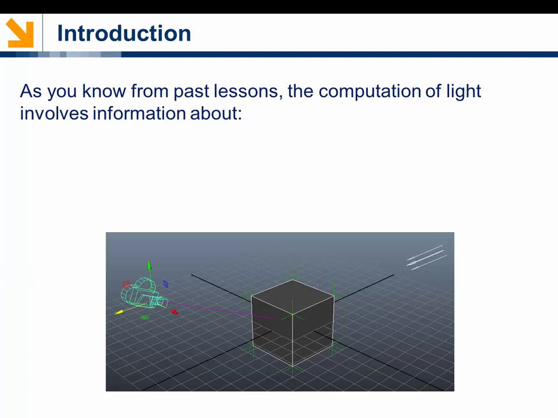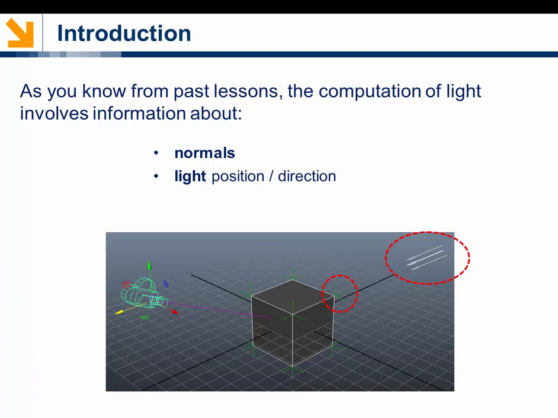We want the light source to remain still in the space of the 3D world we are representing, and only the object rotates. So we have seen that the computation of light involves information about the normals, the light position and direction, depending on the type of light source.